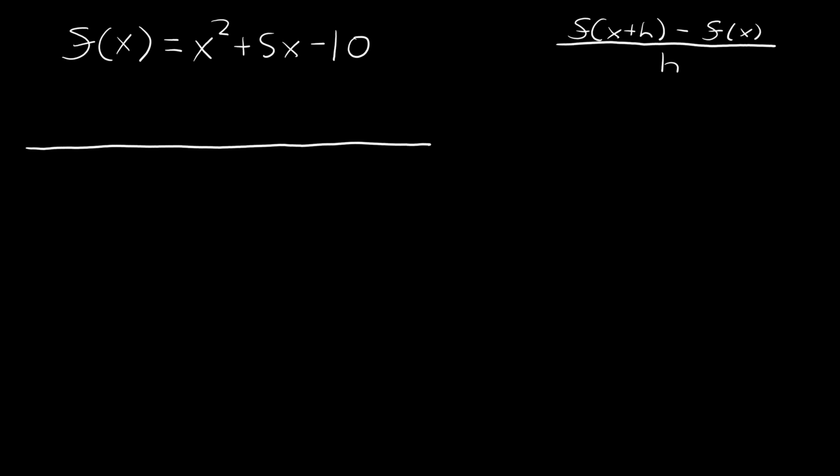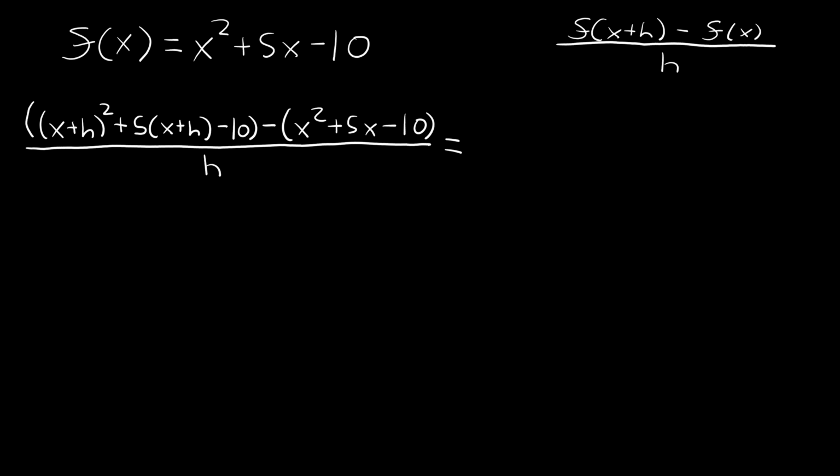So f of x plus h, we'll plug in x plus h everywhere we see an x. X plus h squared plus 5 times x plus h minus 10 minus f of x, which is just our original equation, x squared plus 5x minus 10 all over h.